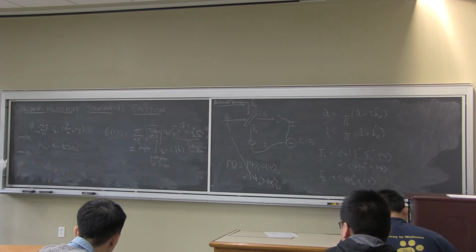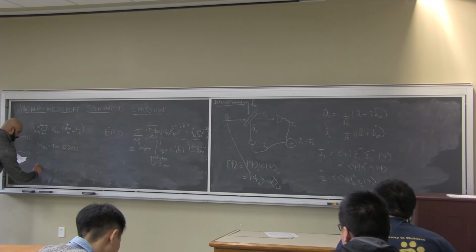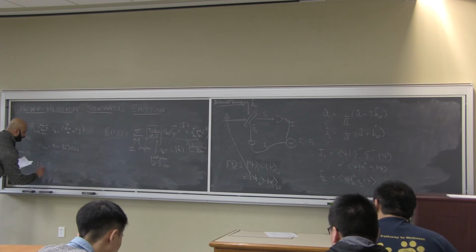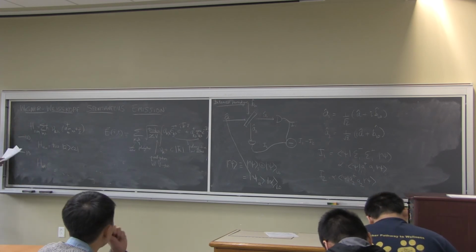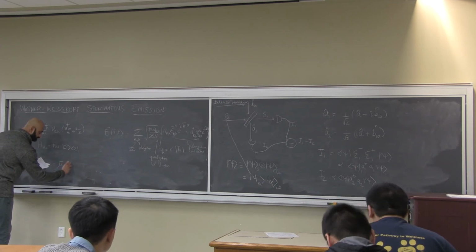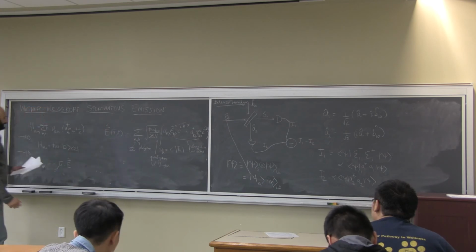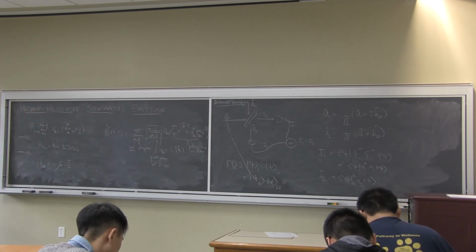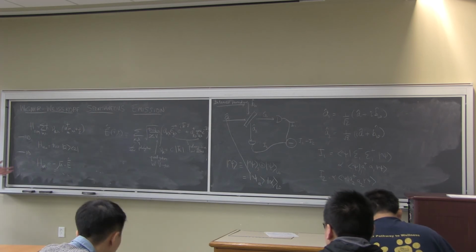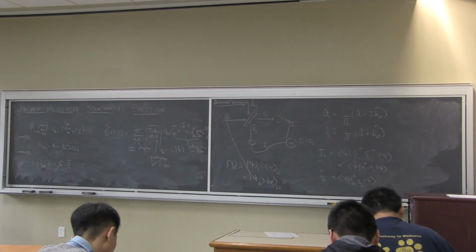And now we need an interaction between the atom and the electromagnetic field. As before, I'm going to directly assume that this interaction is in the dipole approximation. So that is just minus mu dot E. This E now is the operator E rather than a classical field. In the classical case, E was just some classical field which had some time dependence, but now I am explicitly saying that E is a quantum field.